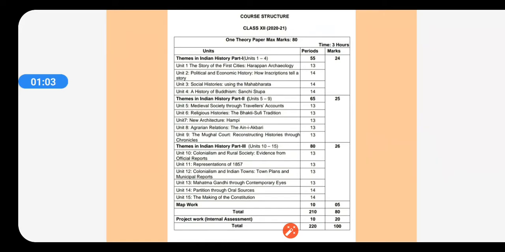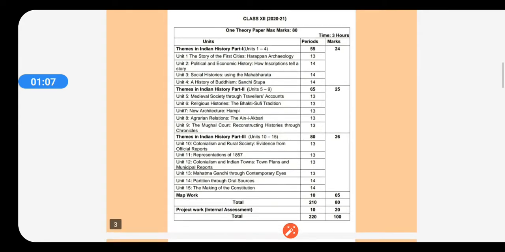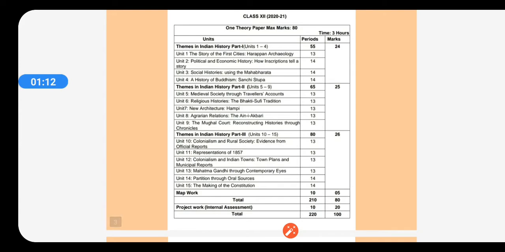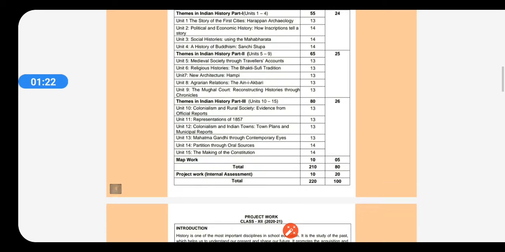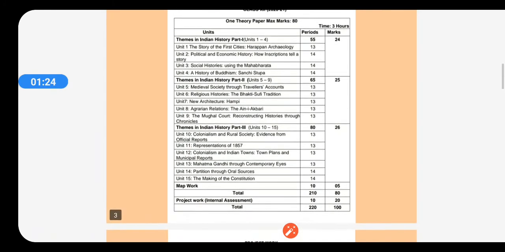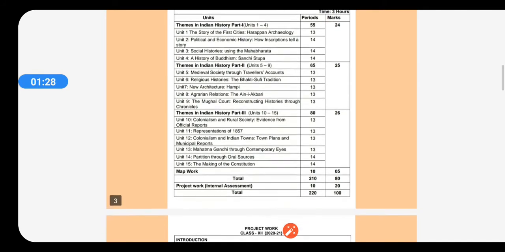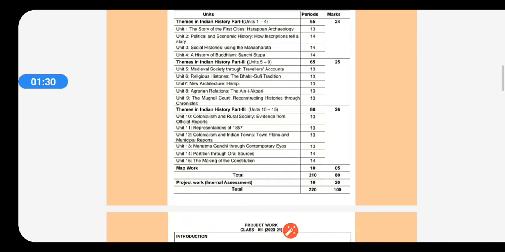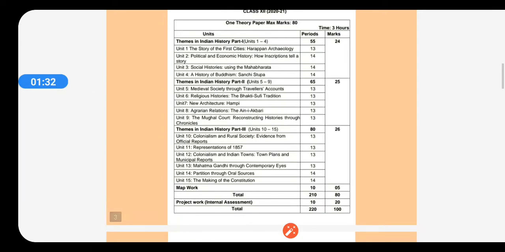Second part is from unit 5 to 9, and third unit from 10 to 15 chapter. First part has 24 marks, second has 25 marks, and third part has 26 marks of your whole 80 marks. And the last one is the map work that consists 5 marks.